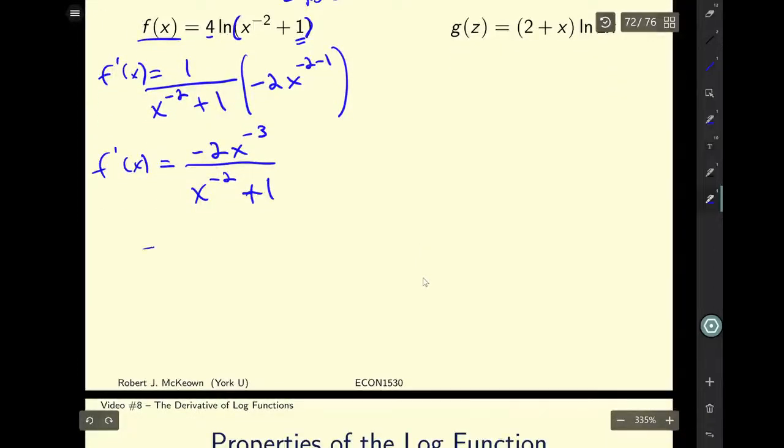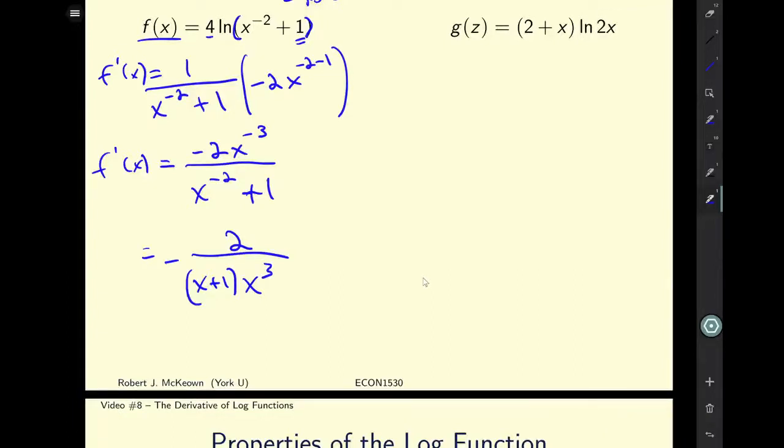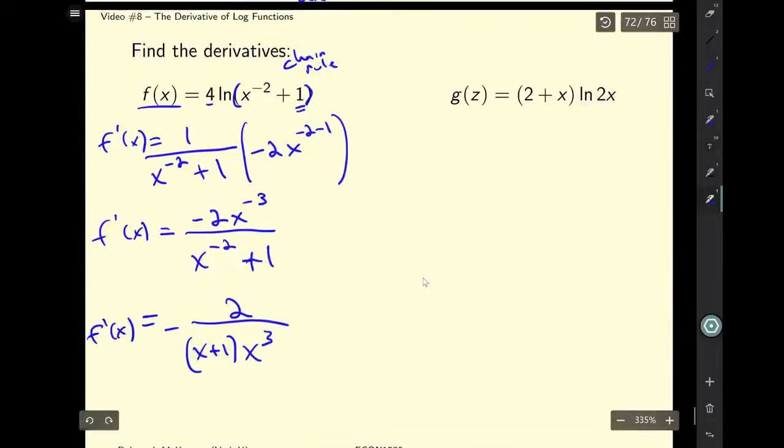And I guess I could simplify this if I wanted to by getting rid of the negative exponent, like so. Okay.